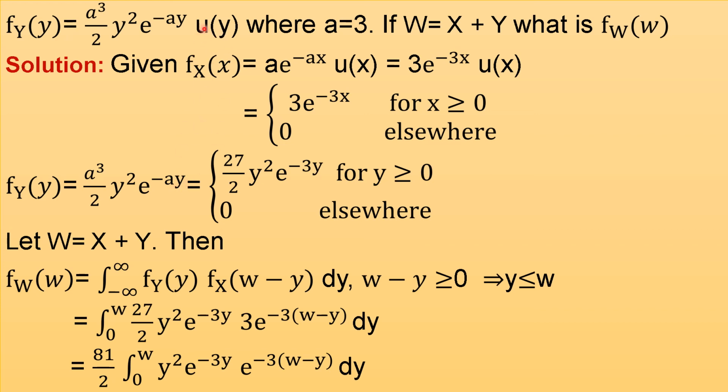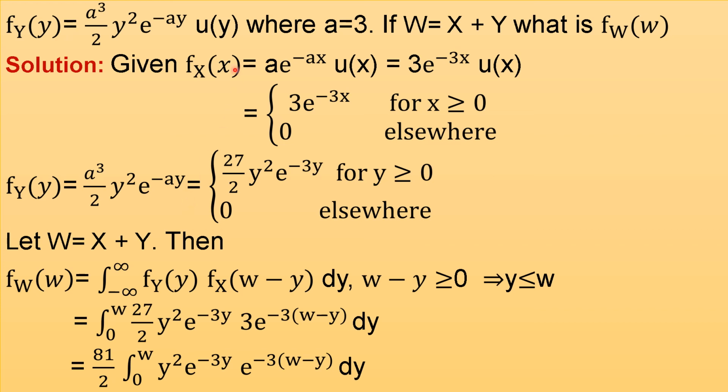That term u(y) is missing, so you have to include u(y). The unit step function u(y) is 1 for y greater than or equal to 0, and it is 0 for y less than 0.